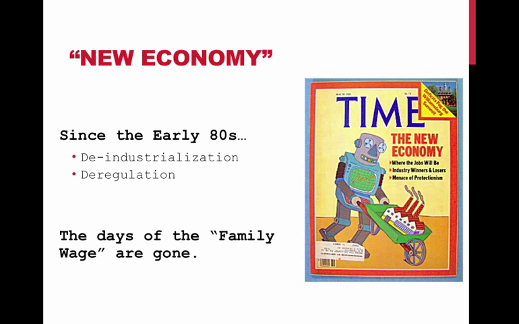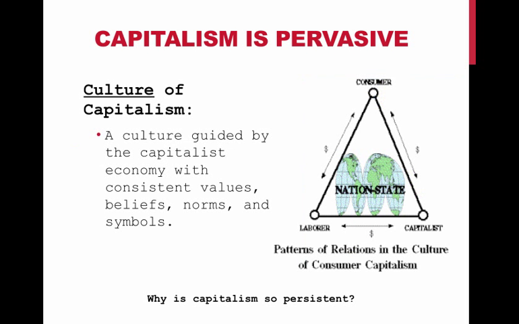This is really the condition of the new economy that we're living within, which is feeding into the growth of modern inequality that we saw demonstrated in one of the earlier charts.